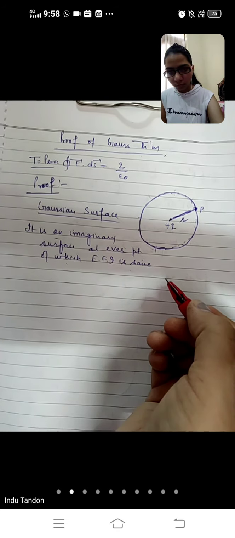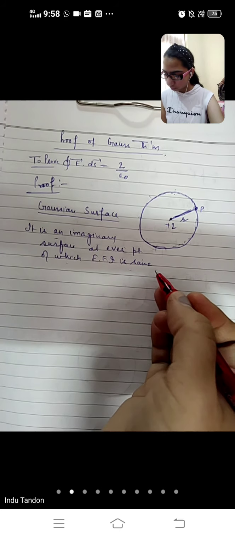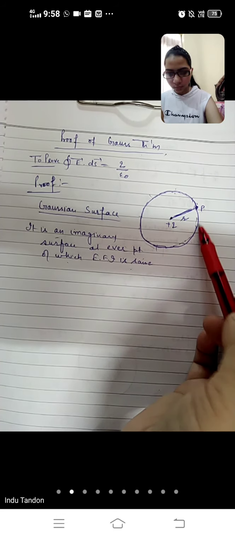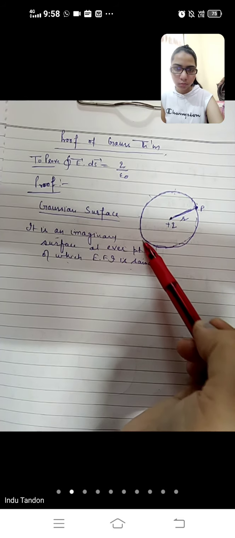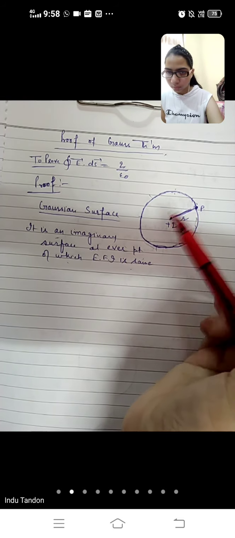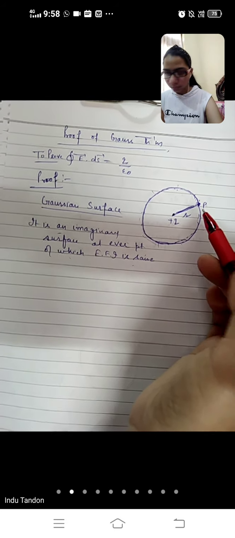In the second assignment, I have given you one question: what is the shape of the electric field around a charge? It possesses which type of symmetry? It possesses spherical symmetry, because on these spheres the electric field intensity remains the same. Now, what is the direction of the electric field due to this plus Q charge at this point?